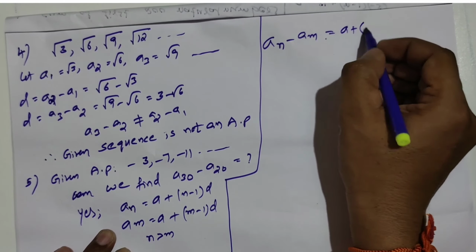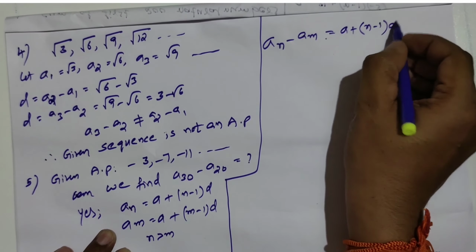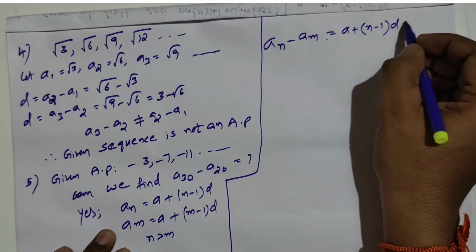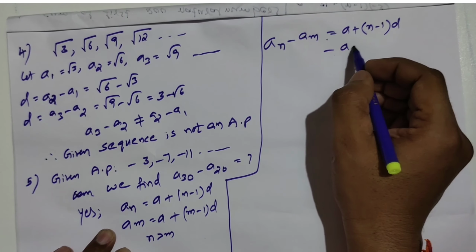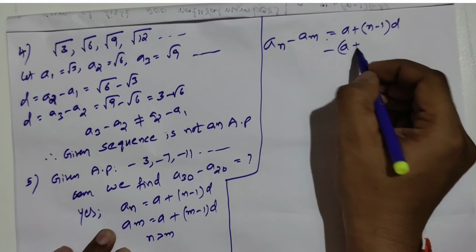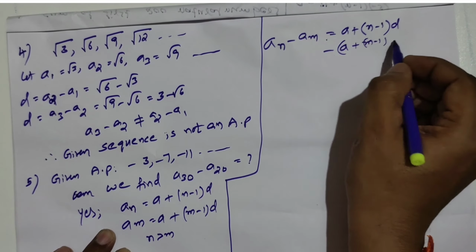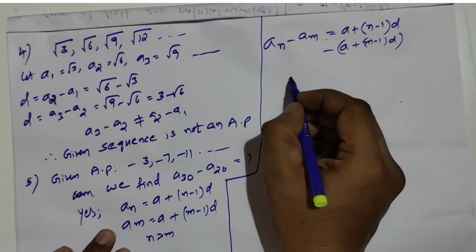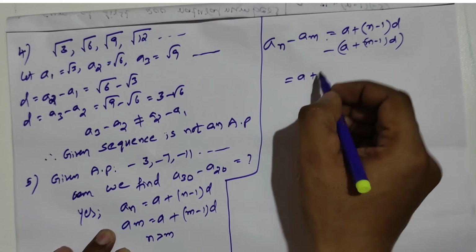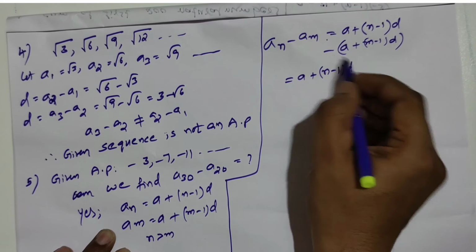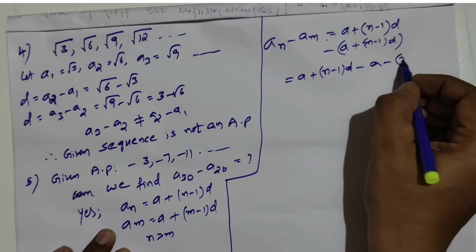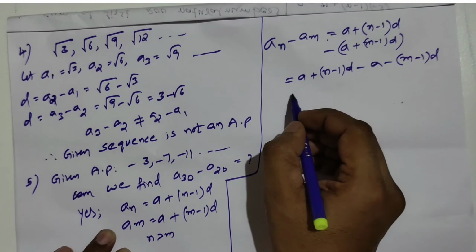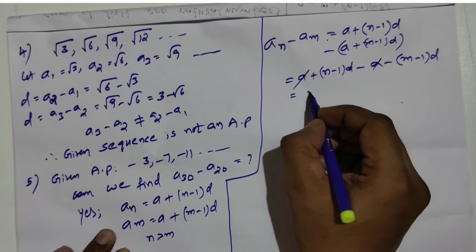that means if we solve for an minus am, we get simply a plus n minus 1 into d minus a plus m minus 1 into d. So a gets cancelled.